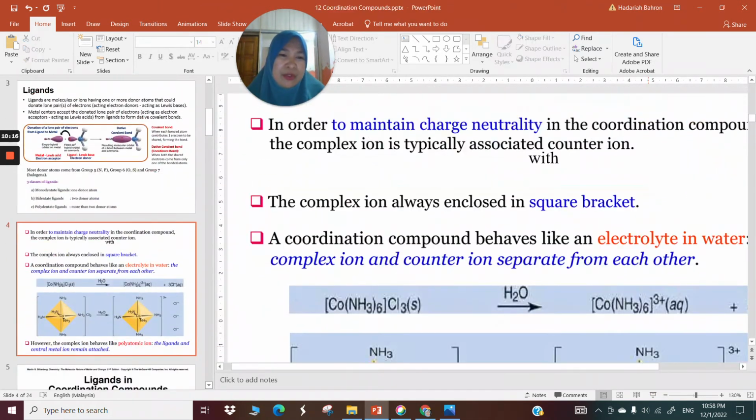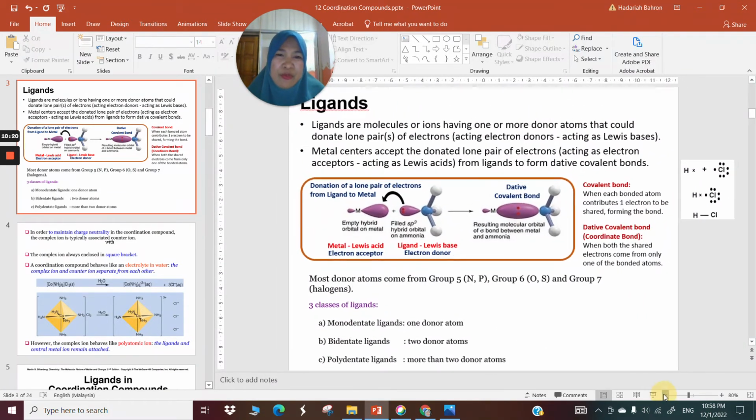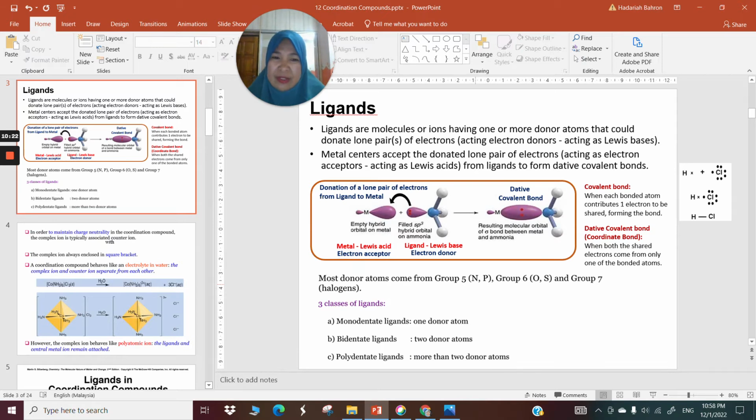Now, most donor atoms come from group 5, either nitrogen or phosphorus, group 6, oxygen or sulfur, and group 7, halogens. And there are 3 classes of ligands. You have monodentate ligands, bidentate ligands, and polydentate ligands. So what are dentate?